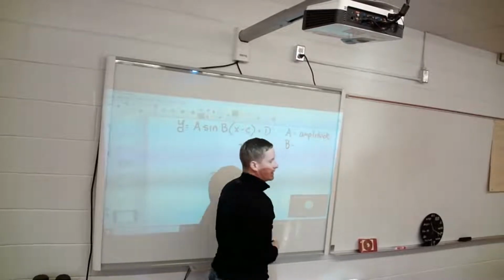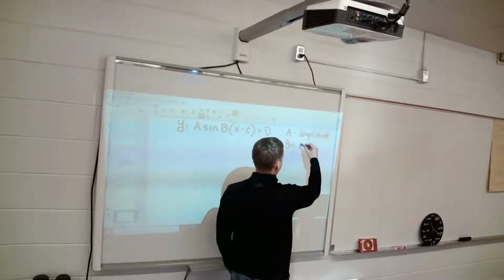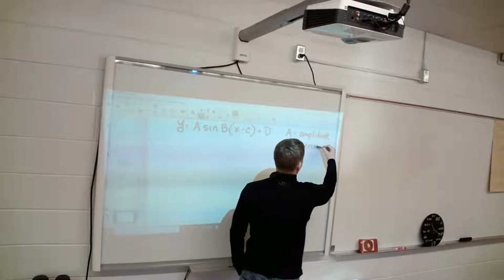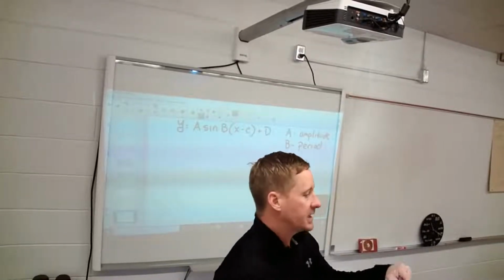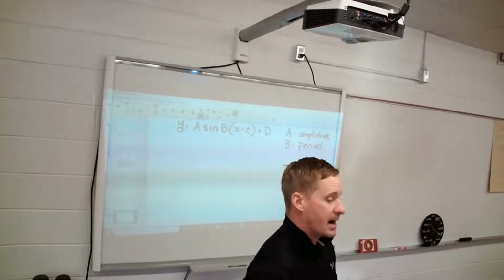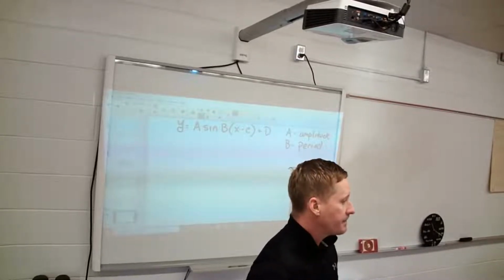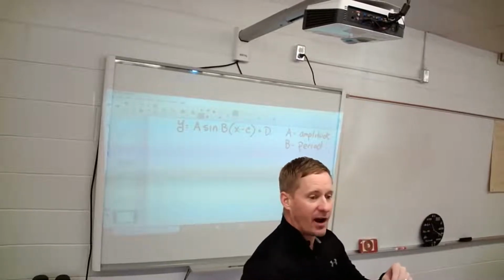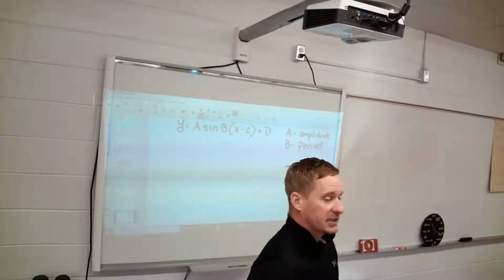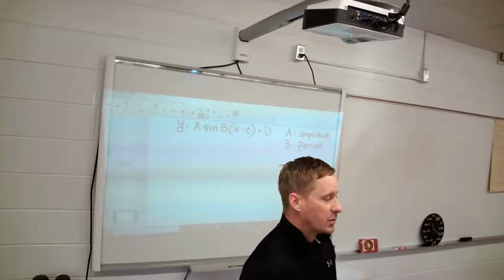What did our B help us find? The period. So that affected our x values, because we divided 360 by b and 2 pi by b to get our period. So we actually use that b and divide all our x's by b, because that's what we did in the sine graph as well.